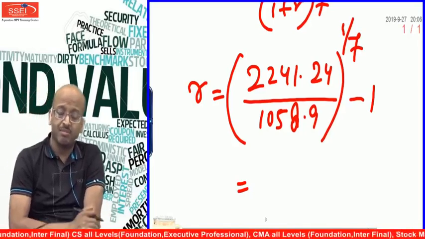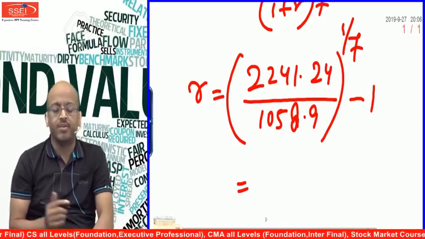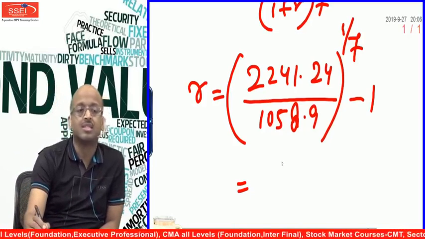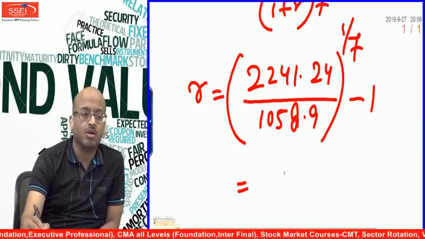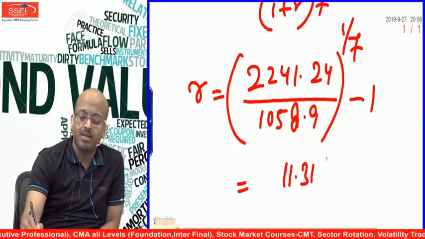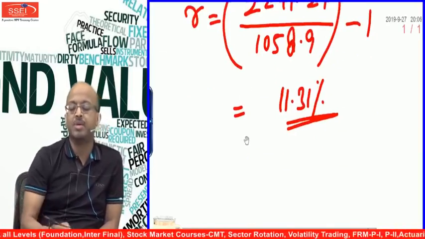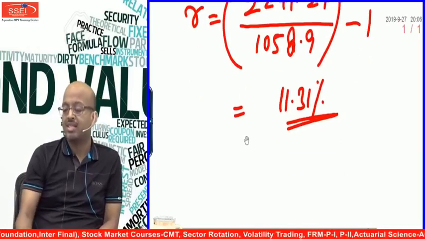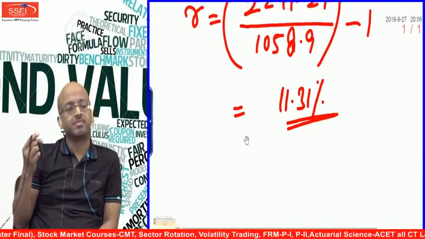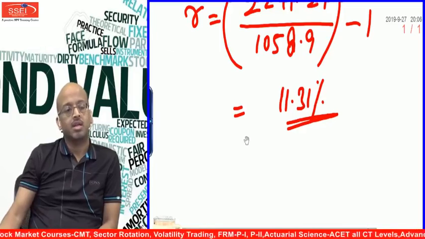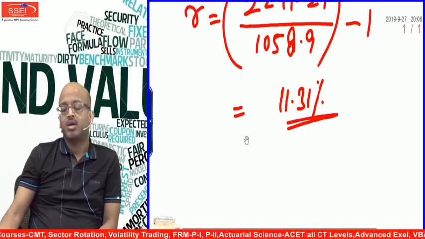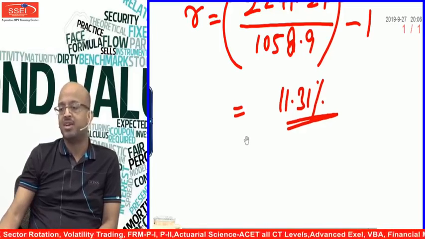Then whatever you get, minus 1, equal to, into 100. 11.31%. Okay, this is the realized yield. 11.31% realized yield.